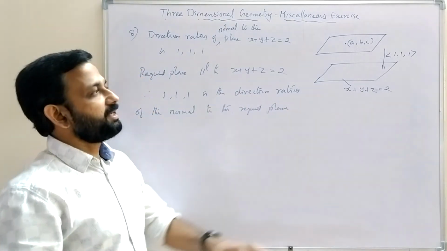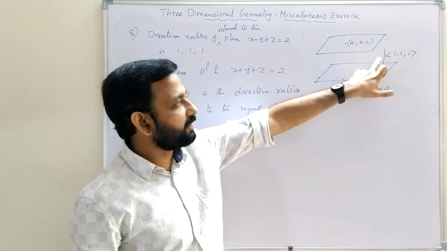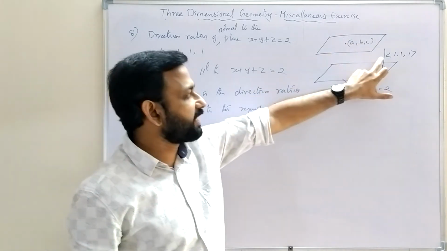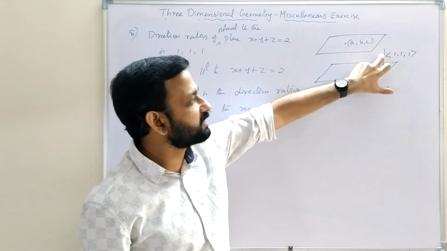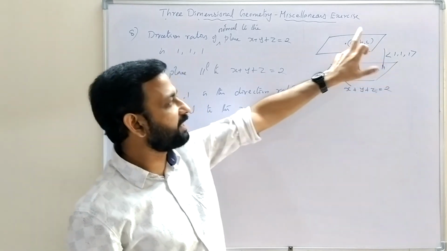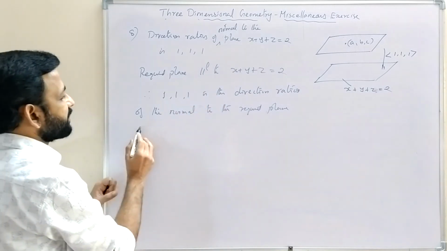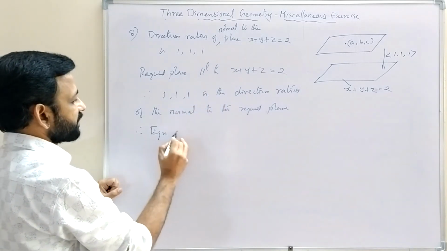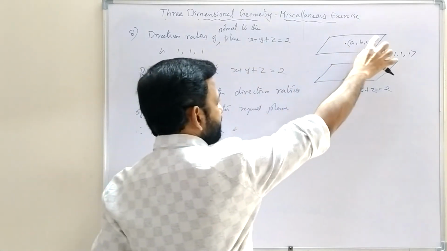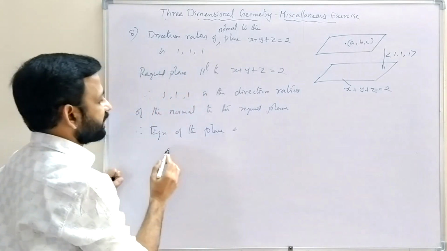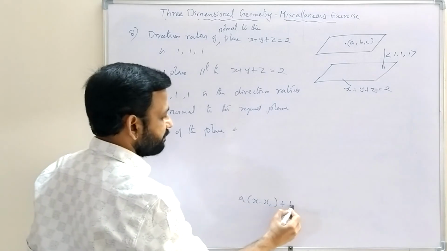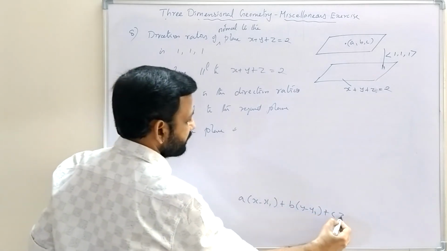The normal is perpendicular to this plane, and since the planes are parallel, the same normal is perpendicular to both. So if we know the direction ratios of the normal to the plane, then we can easily find the equation of the plane. Therefore, the point is given and the direction ratios we got. Then we write the formula: a into (x minus x1) plus b into (y minus y1) plus c into (z minus z1).